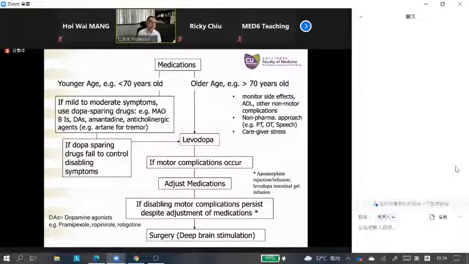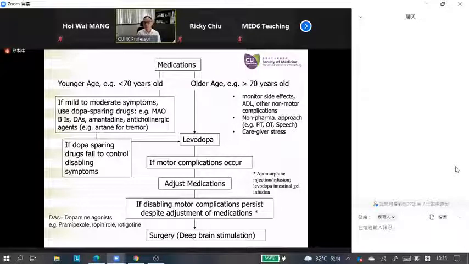And for older people, dopamine agonists will have more side effects. They are more likely to cause nausea, dizziness, and more alarming, visual hallucination. So I would tend to use levodopa first for older people for disabling symptoms.